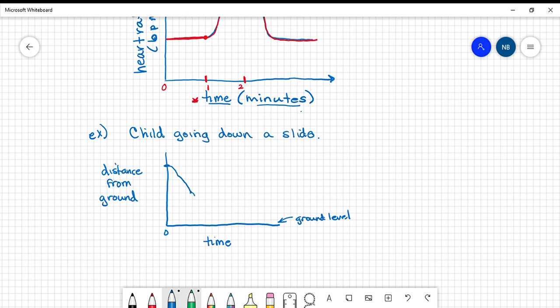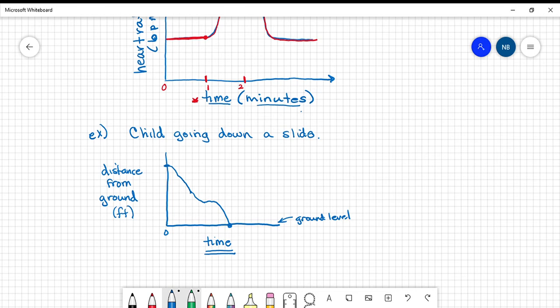And then there might be like a curve in the slide, and then another steep part, and then the child is back on the ground. So here we're comparing the passage of time to how far above the ground, probably measured in feet, the child is at any particular moment.